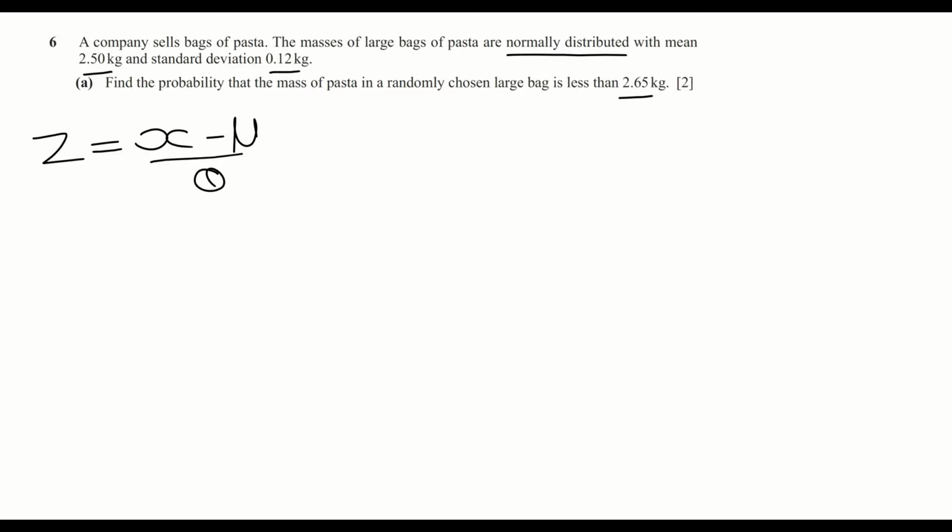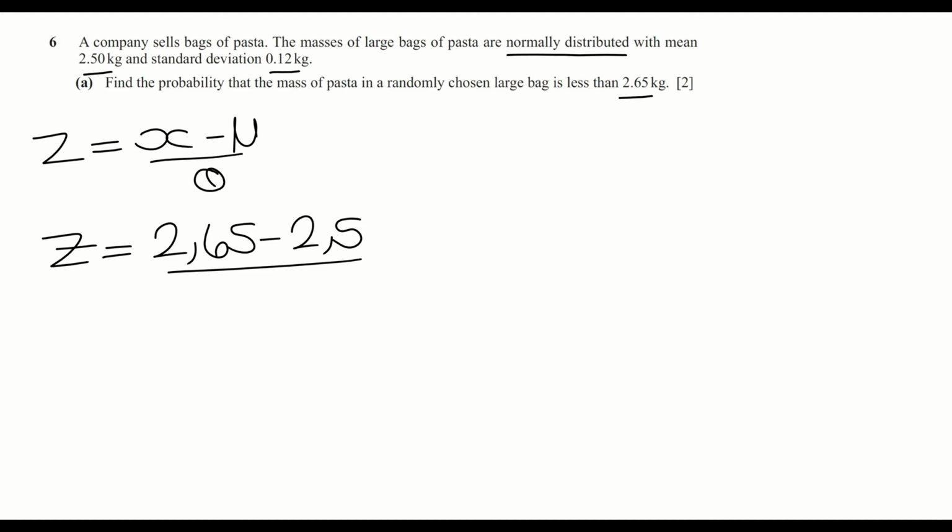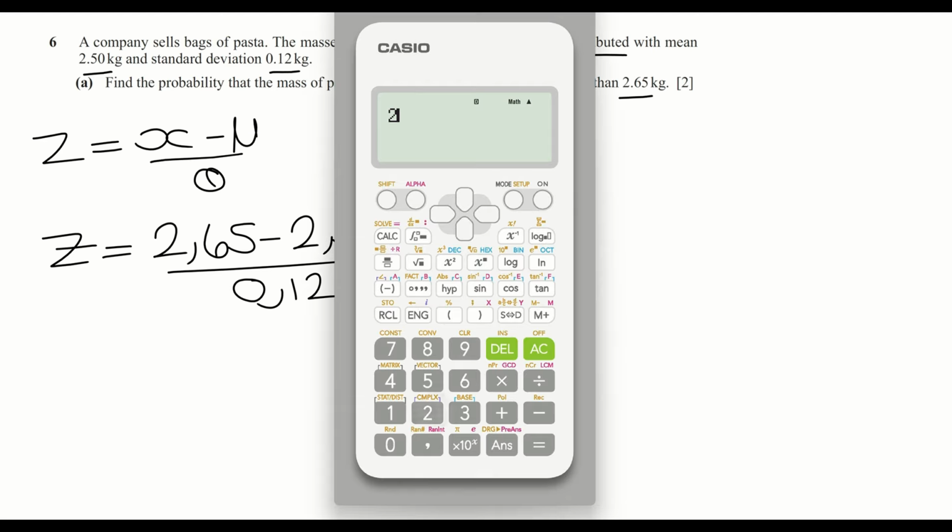The mean, mu, is 2,5 kilograms, and the standard deviation is 0,12. The question tells us that we are looking for bags less than 2,65 kilograms. This is our x value. I can say that z is equal to x 2,65 minus mu 2,5 over standard deviation 0,12. Take my calculator and I can say 2,65 minus 2,5 divided by 0,12 is equal to 1,25.